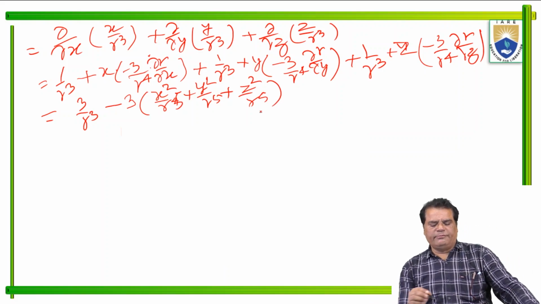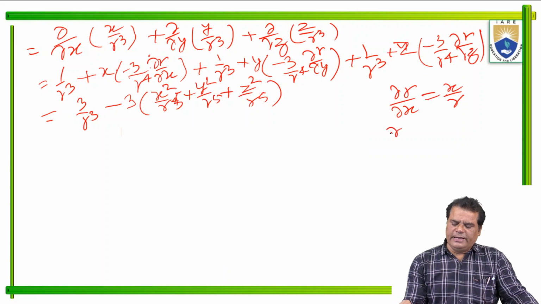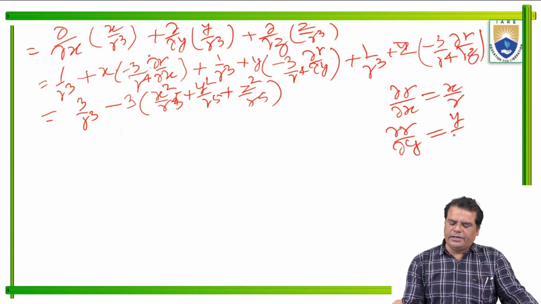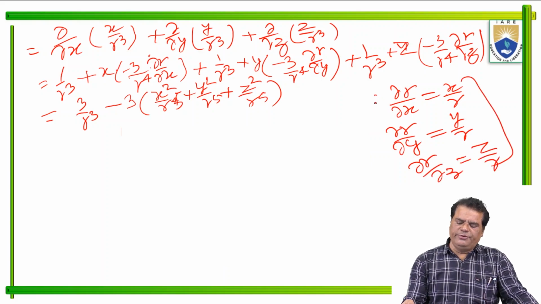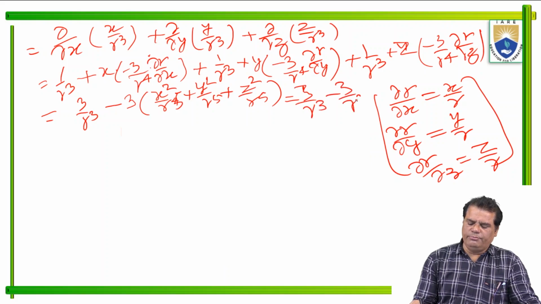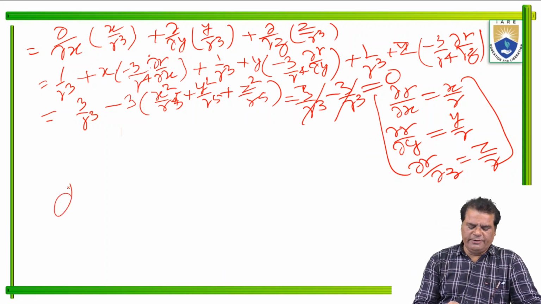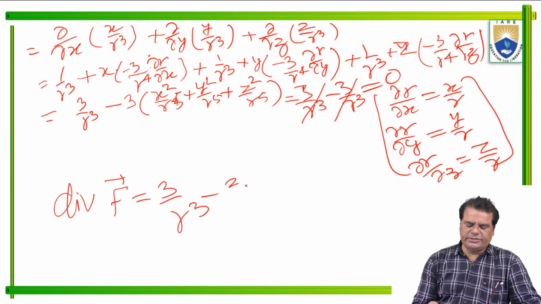Okay, ∂r/∂x is x upon r, ∂r/∂y is y upon r, ∂r/∂z is z upon r. After putting this value here, we get this. This is r square. So here 3 upon r cube and minus 3 upon r cube. So this cancels this. This result must be 0. Okay. So divergence of F vector is 3 upon r cube minus 3 upon r cube. This cancels to 0.